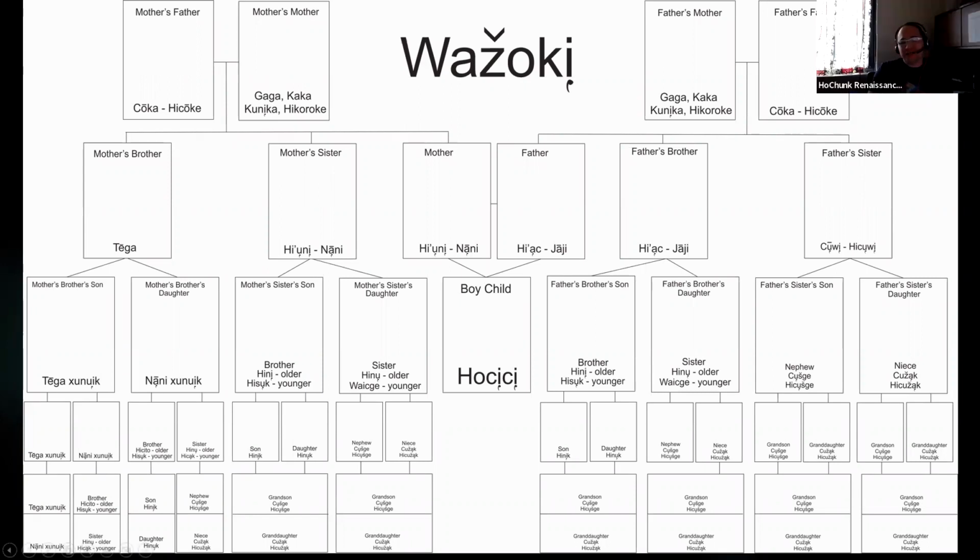Okay, so what you're looking at here is the Wanjoki chart. This is a kinship chart. In this reference you have the boy.